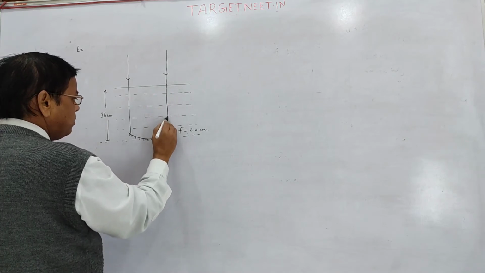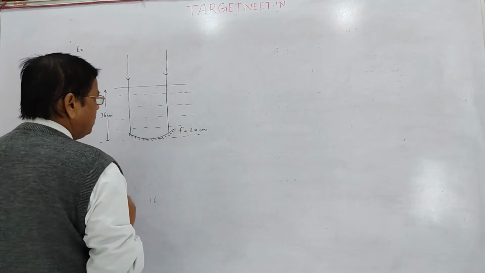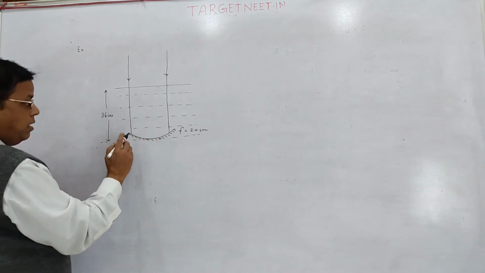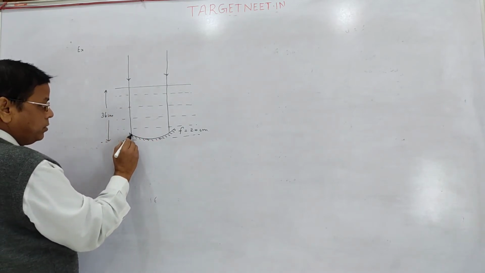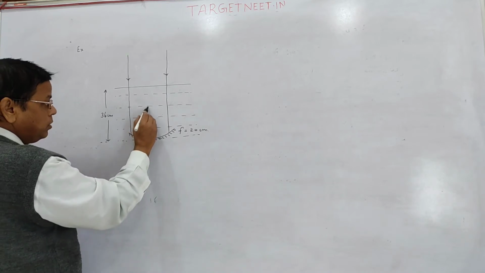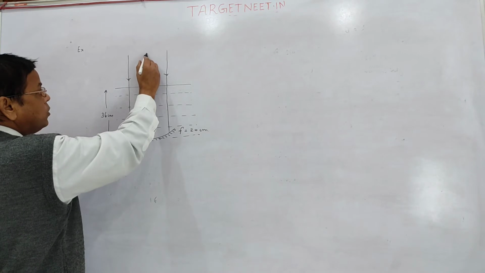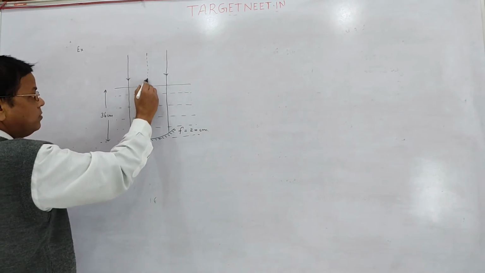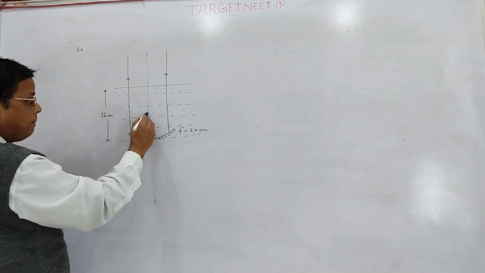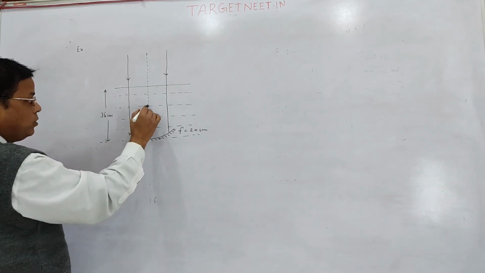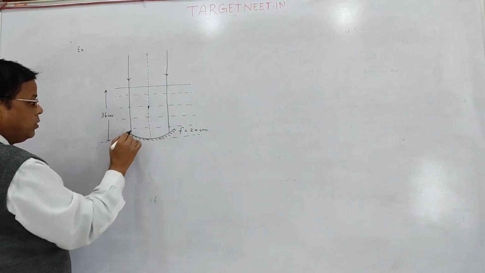So these rays are parallel. So we know a parallel ray incident on a mirror, after reflection, meets at the focus. Let this be the principal axis, and suppose this is the focus.